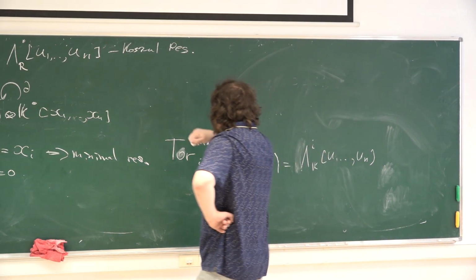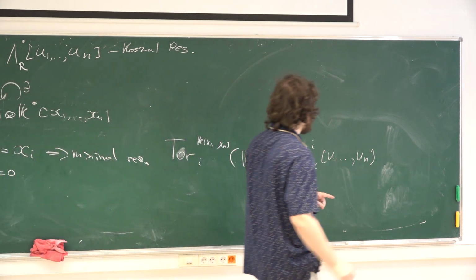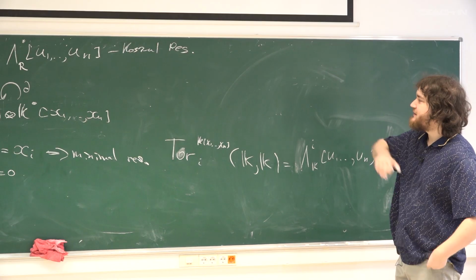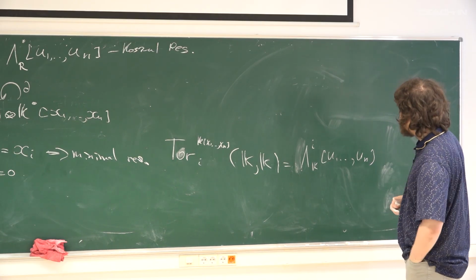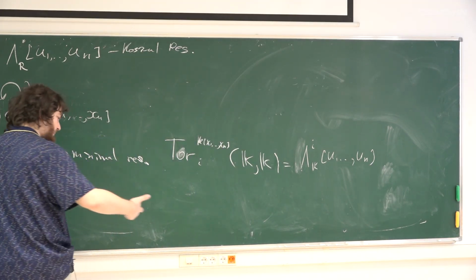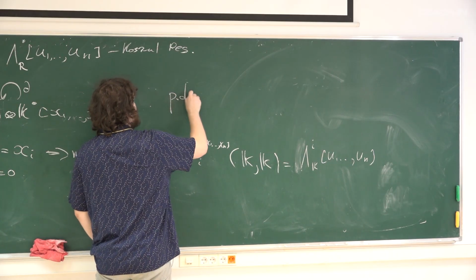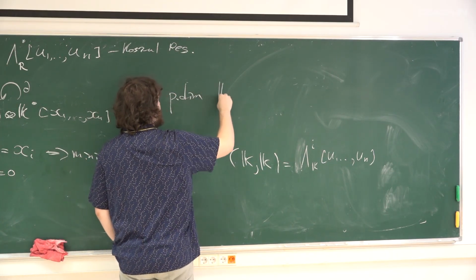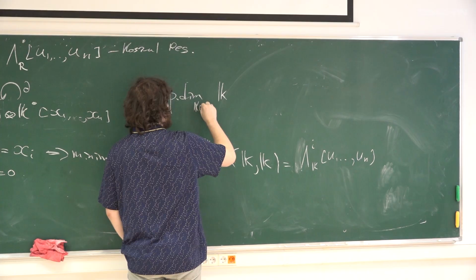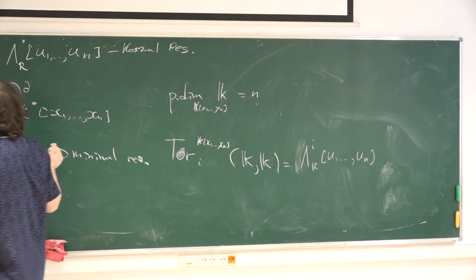And so in particular we know the dimensions, and we see that this resolution has finite length. We know that the length of a minimal resolution is the projective dimension, so we obtain that the projective dimension of k over the polynomial ring is exactly n. It's exactly the length of this Koszul resolution.